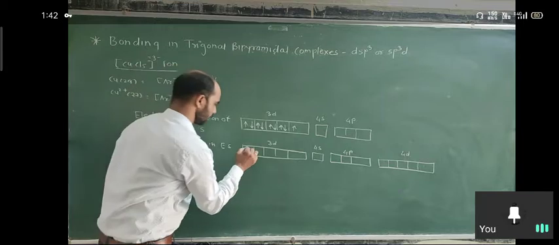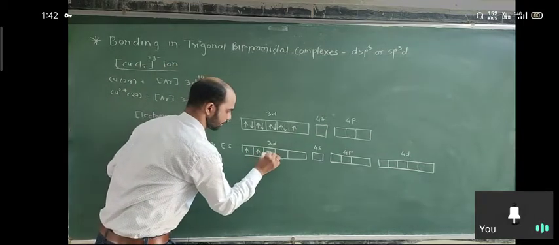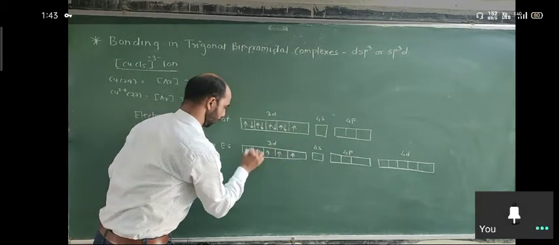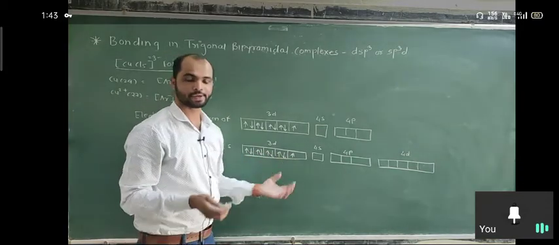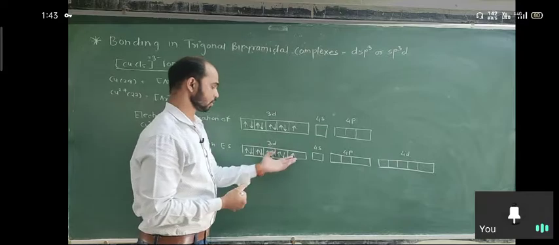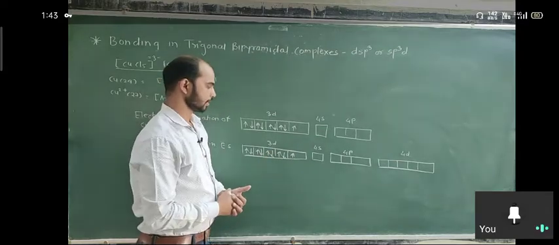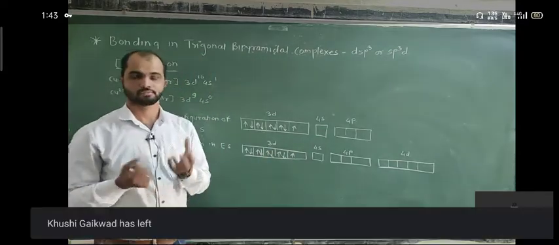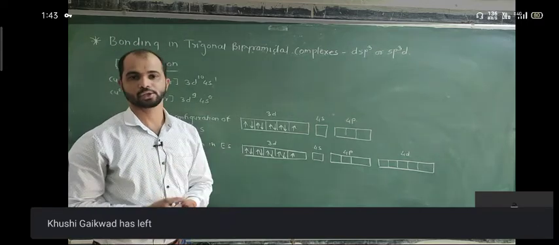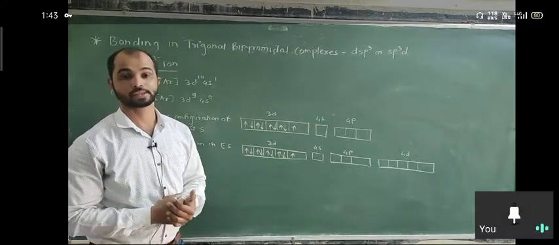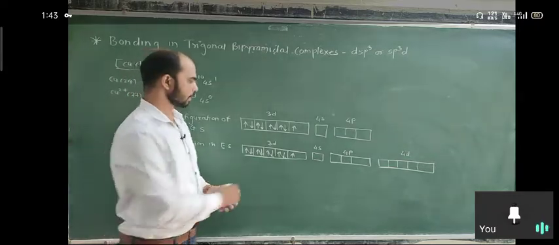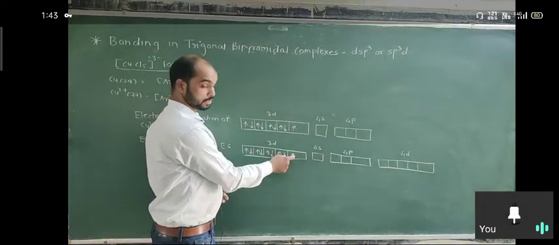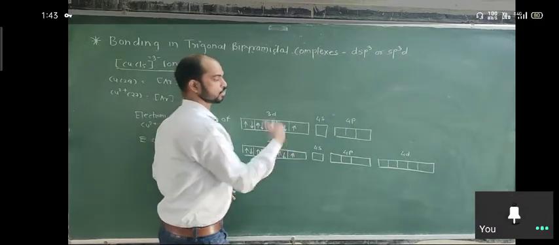So here the 9 electrons are already present. So there is no availability of inner d. That means because there are unpaired electrons and Cl is not a strong ligand which promotes the electron or supplies the pairing energy, that's why it is weak in nature. That's why this orbital is not used by the central atom. So the next d is used.